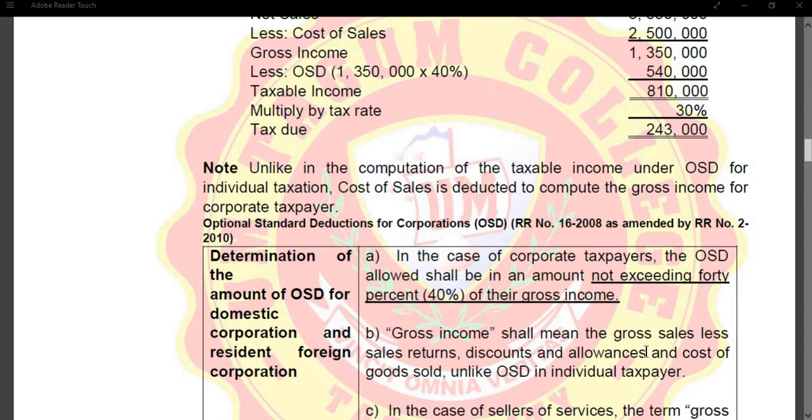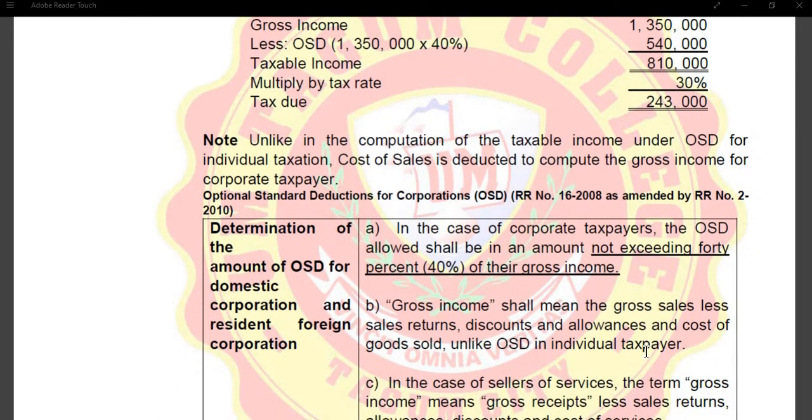So the determination of the amount of OSD for domestic corporation and resident foreign corporation is as follows. Letter A. In the case of corporate taxpayers, the OSD allowed shall be in an amount not exceeding 40% of their gross income.